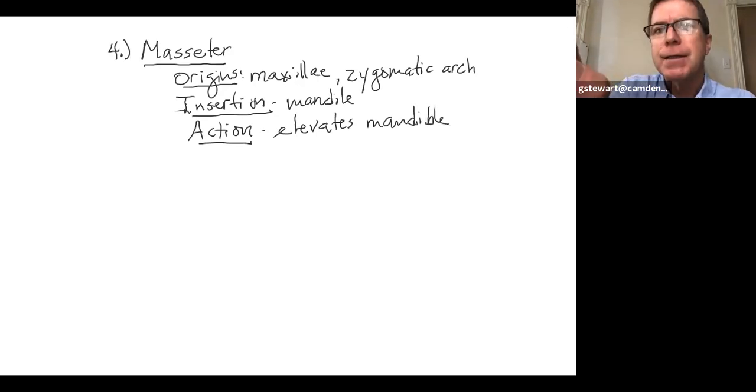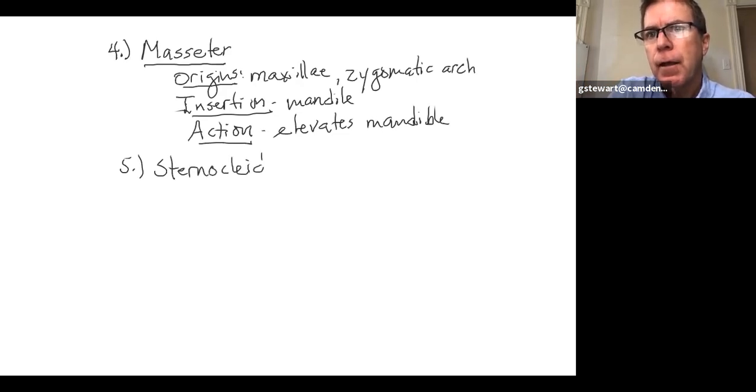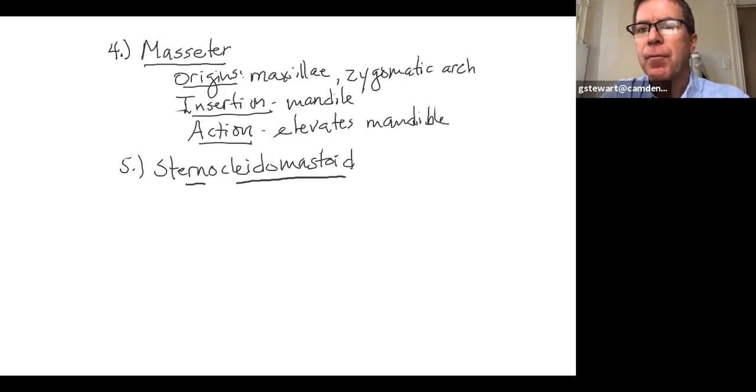Number 5 on our list is a long name, but its name tells us exactly what it is. So it's a mouthful. It's called the sternocleidomastoid muscle. But that long name is all about location.